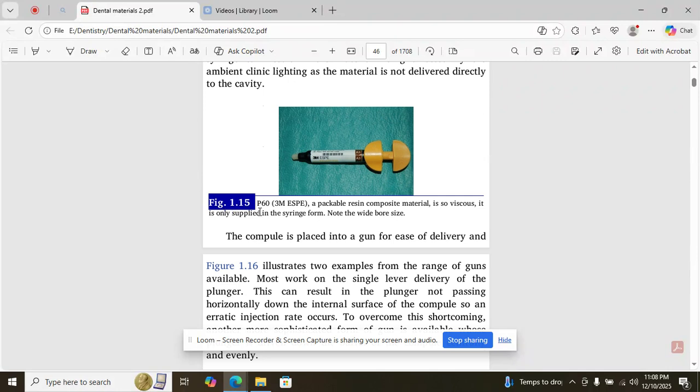Figure 1.15. P60 3M ESPE, a packable resin composite material, is so viscous it is only supplied in the syringe form. Note the wide bore size.